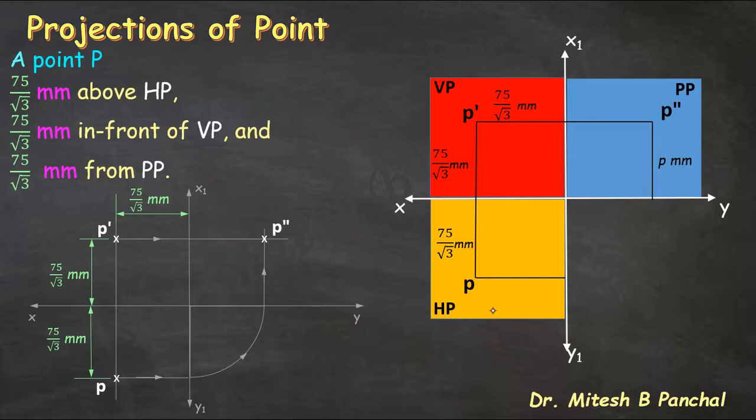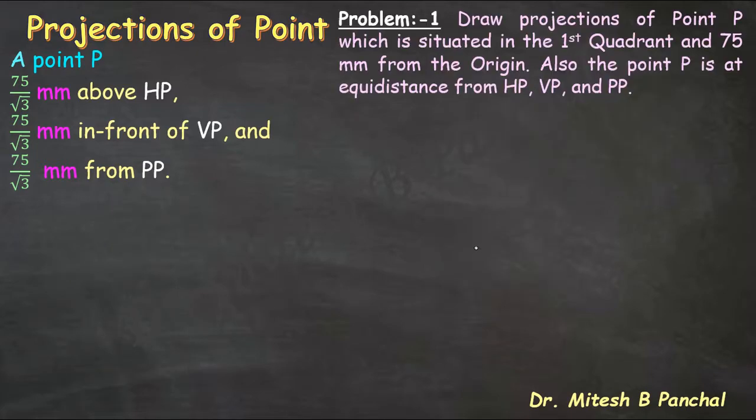Similar way, top view is also from XY and X1 Y1 at the same distance, that is 75 by root 3. Now to obtain the solution of this particular problem, we will see the procedure step by step.